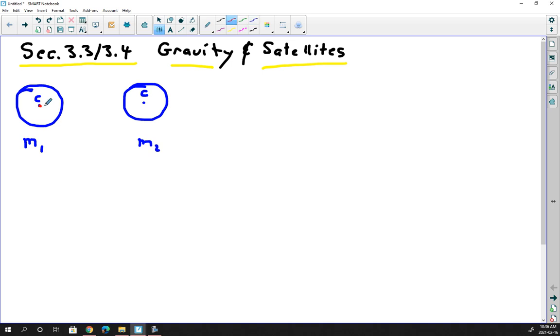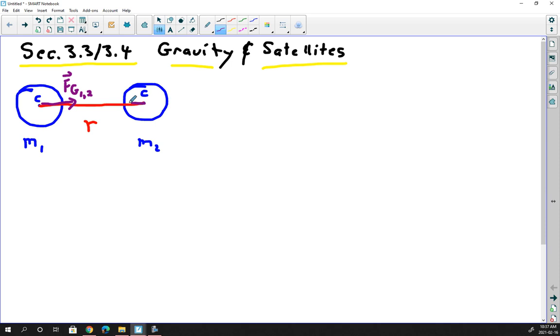And we're going to measure a distance from center to center between the two, and I'm going to call that distance R this year. Last year we used a D. We're going to call it an R. And we learned last year that along this line there's a force of gravity, the force of universal gravity, big G. So the force of gravity on object 1 because of object 2.